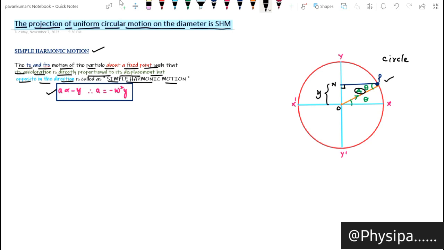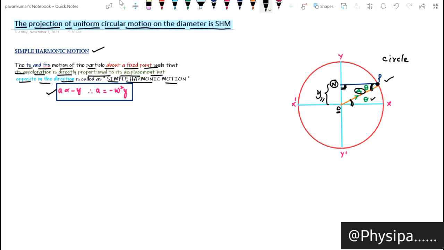The instantaneous position of the particle is P. The projection of particle P is drawn to the y axis and the point of projection is N. From the figure, the angular displacement theta is the same at O and at P. The distance from N to the origin is y. This y is called the displacement of the projection on the diameter.